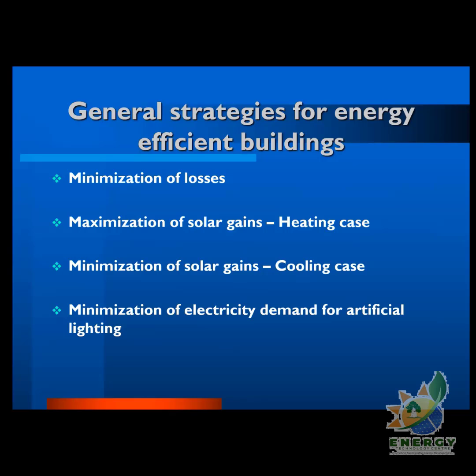Now, general strategies for energy efficient building, as we go over again, you have to minimize losses and maximize solar gain for heating cases, and then minimize electricity demand for artificial lighting.